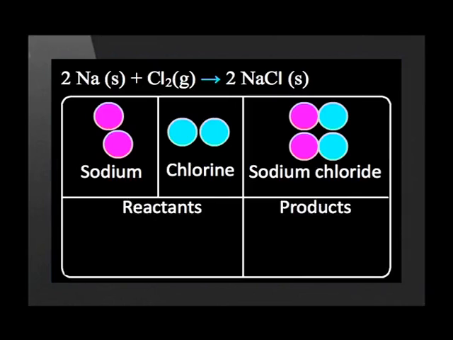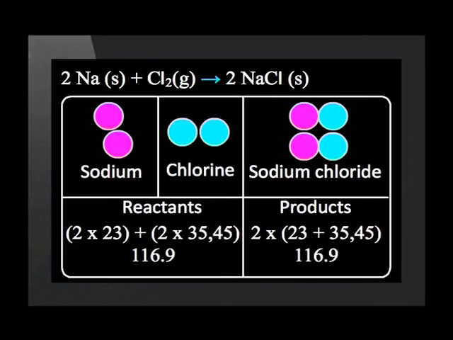Show that matter is conserved in this reaction by calculating the total mass of reactants and the total mass of the products. The total mass of the reactant atoms is 116,9, and so is the total mass of product atoms. The balanced chemical equation reflects the conservation of mass.